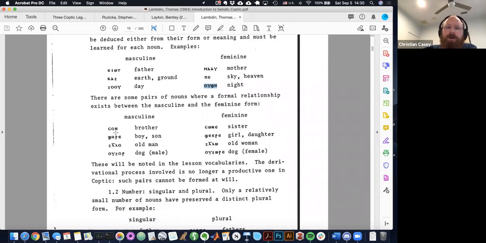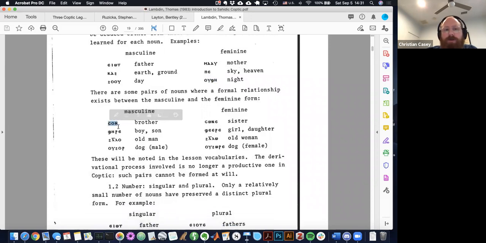For the most part, Coptic nouns are not inflected for gender, but there are some exceptions, especially family members. So the word son, brother, is the masculine version. The feminine version of that same noun is sone. And this is a really common morphological feature of Coptic. The feminine will tend to have this final epsilon.